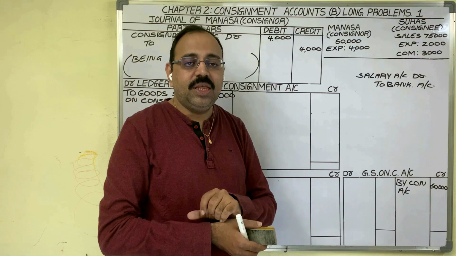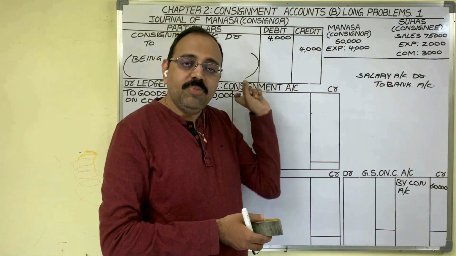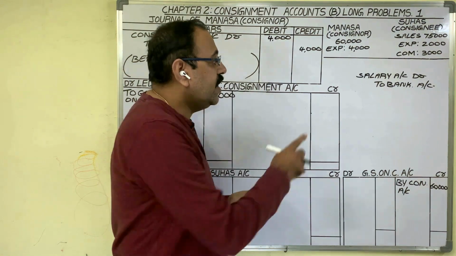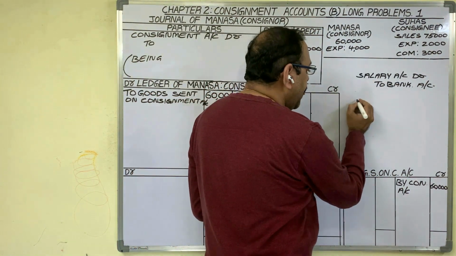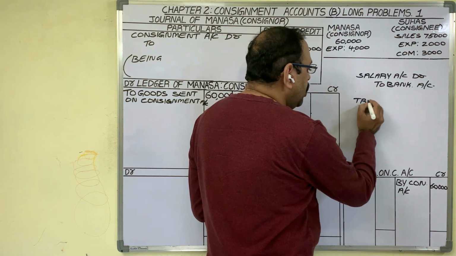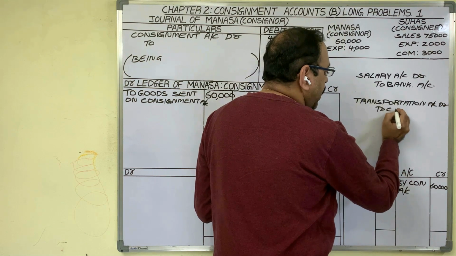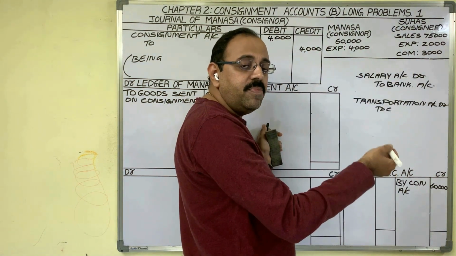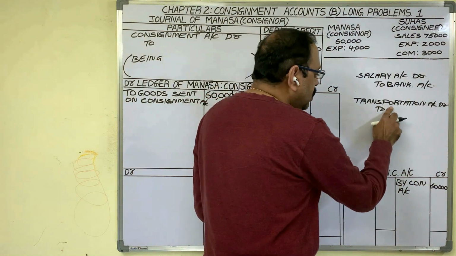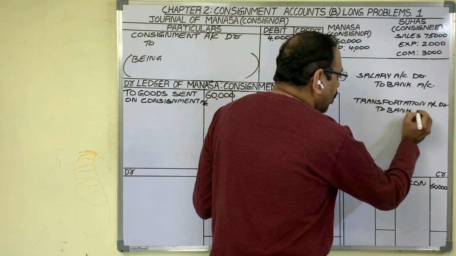So a student may think that, according to inter first year, in consignment accounts also, for a transportation expenditure, the entry should be transportation expenditure account debit to cash if we pay in cash form, and if we pay by cheque, bank. Suppose we issued a cheque, then we credit bank account.